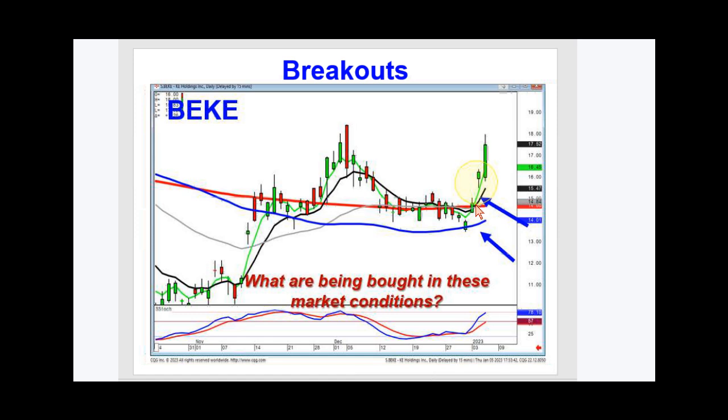Again, you don't have to take my word for it, but if you move on the assumption that what I'm telling you has worked tremendously over the years, that if you see a candlestick buy signal and a close above the T-line, the probabilities are very great that you're going to be in an uptrend. If you see a candlestick sell signal and a close below the T-line, the probabilities are very strong you're going to be in a downtrend.